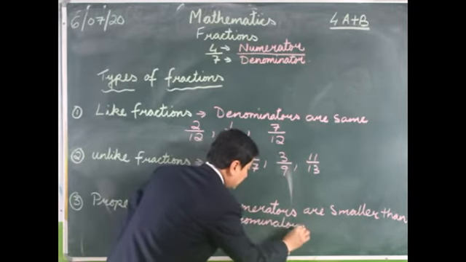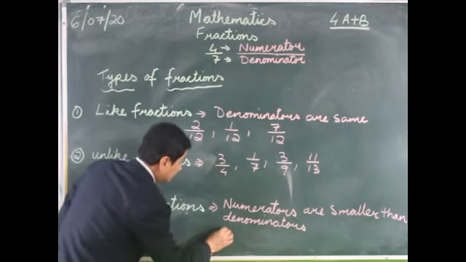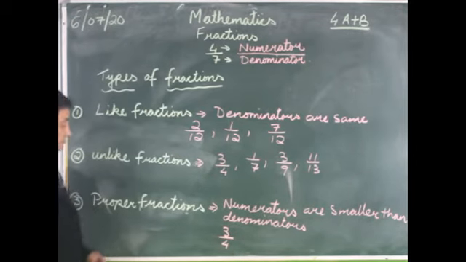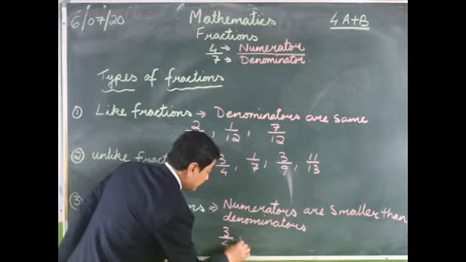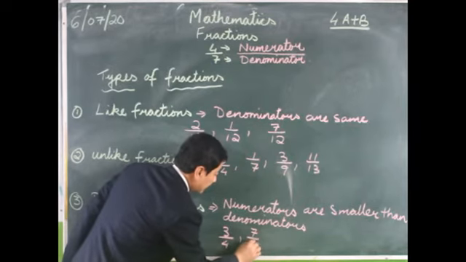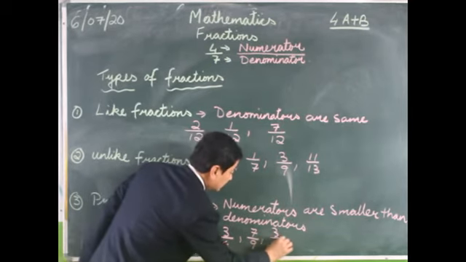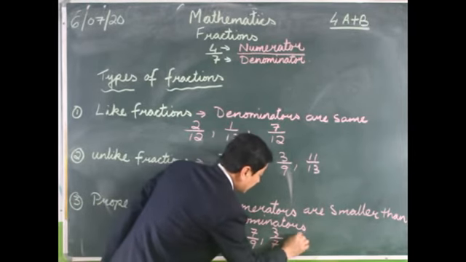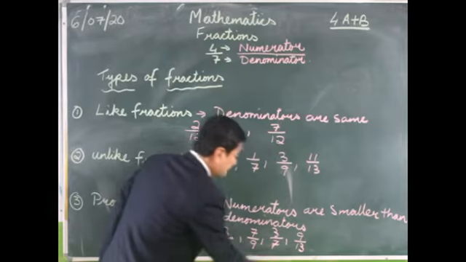And those types of fractions are the same as unlike fractions only. Okay? 7 upon 9, 3 upon 4, or 9 upon 13.